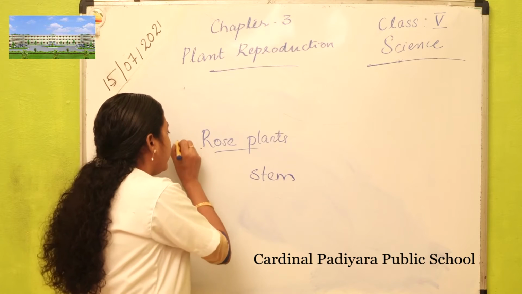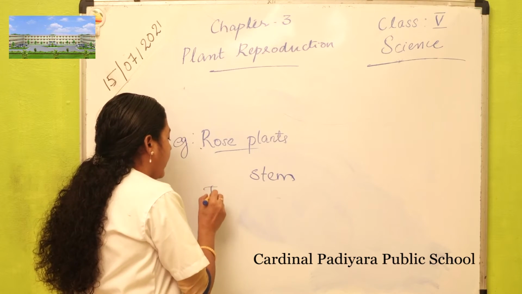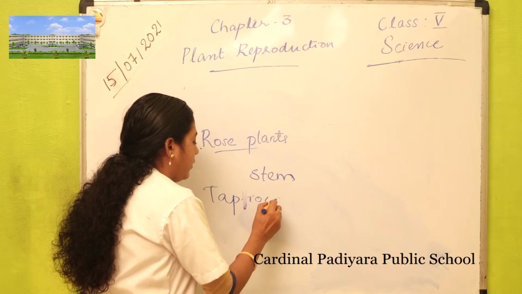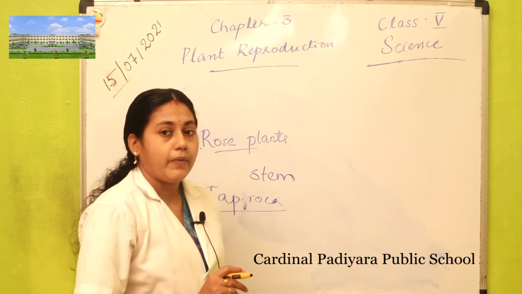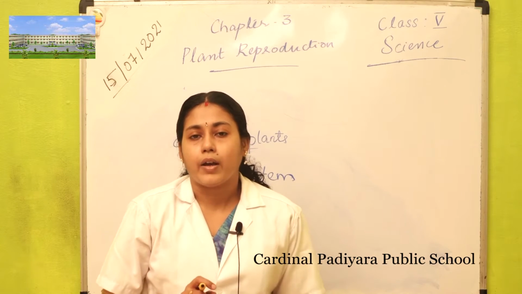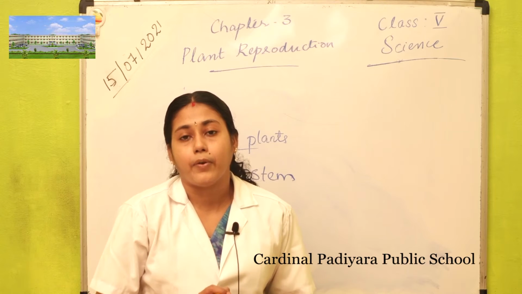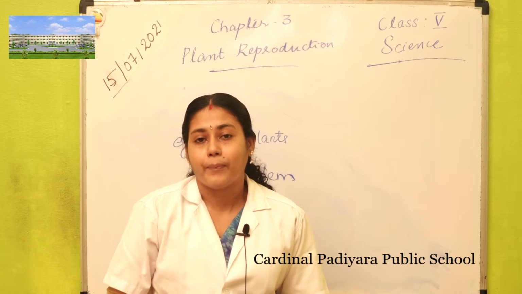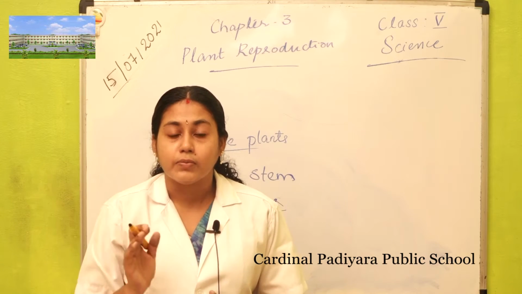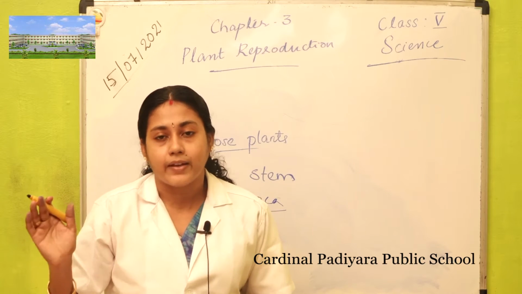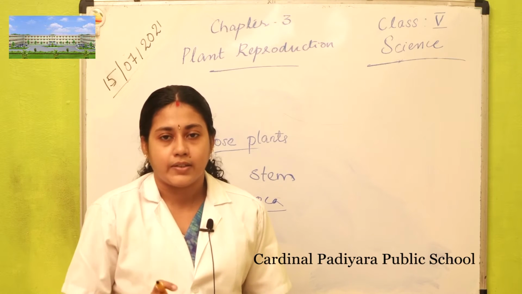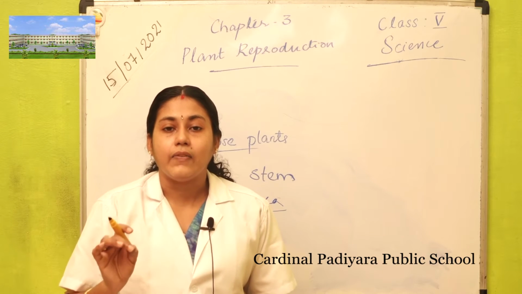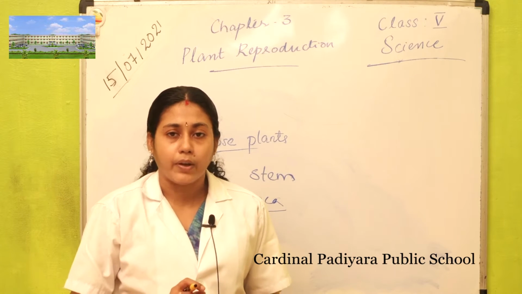Then tapioca. Everyone knows tapioca. How do farmers cultivate tapioca on a large scale? We take a stem of tapioca and cut it into small pieces, and we plant each cutting, and that cutting will grow into a big tapioca plant.